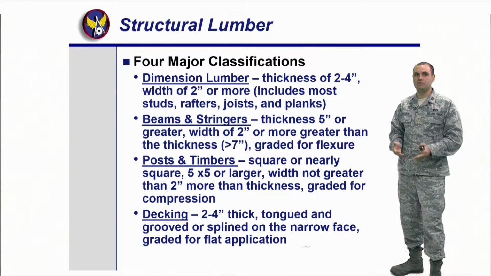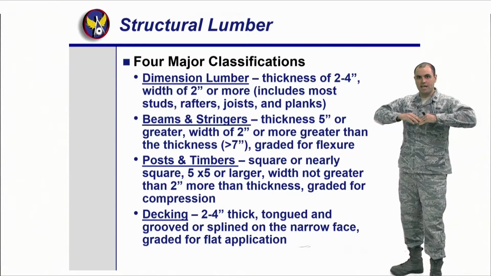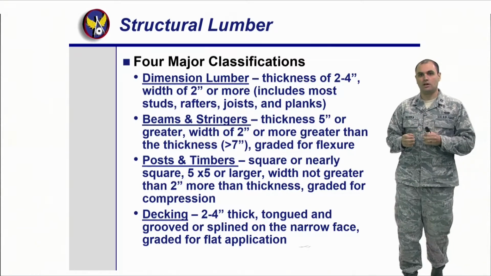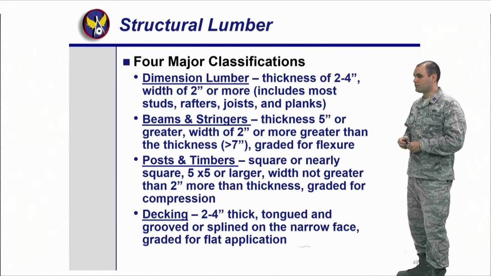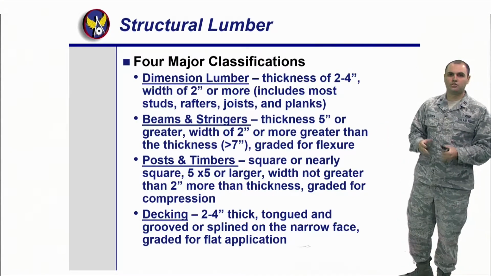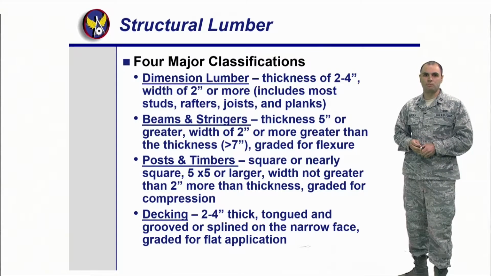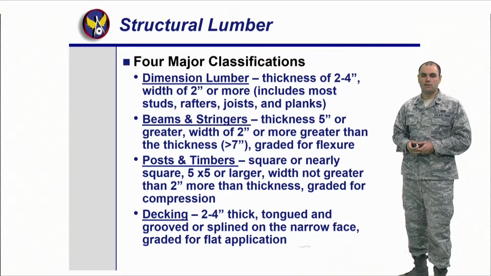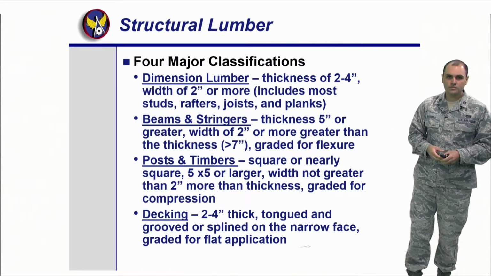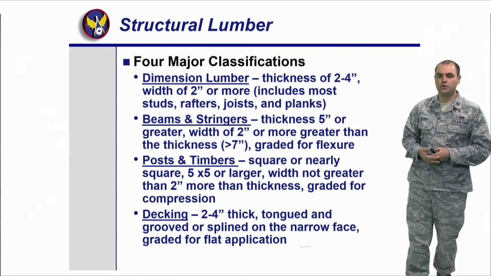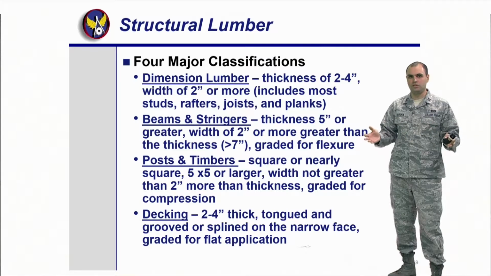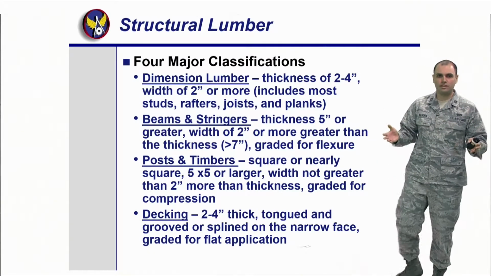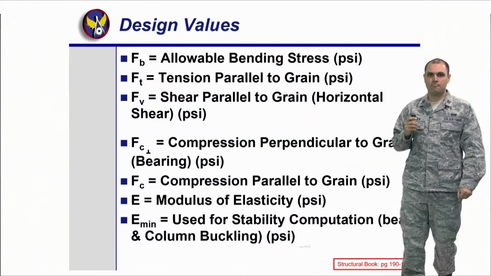That's why we call them beams and stringers. They behave better for flexure members. Posts and timbers are basically 5x5s or greater. We use them mostly as columns or, like you see here, posts. And then finally, decking. It's 2 to 4 inches thick, tongue and groove. You can see a little tongue and groove back in the day, but you can also see the plywood decks that we're having nowadays.